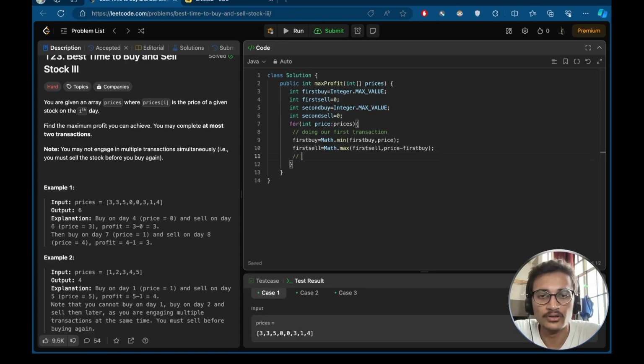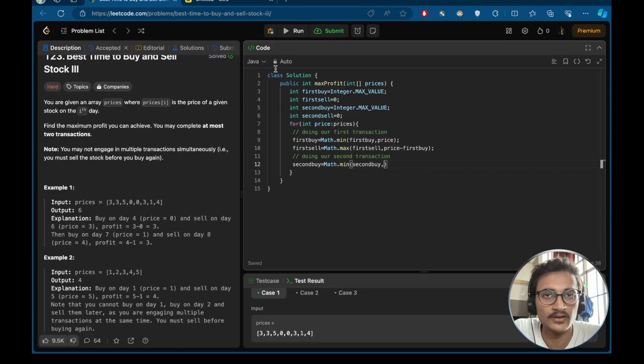Now let's start doing our second transaction. Let's try to buy the stock first. So second buy will equal Math.min, same as what we have done in our first transaction. So second buy comma, now we have to consider the profit that we gained from the first transaction.